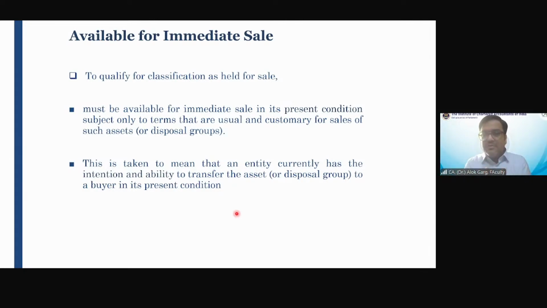It means that the parties have an intention and ability, not or ability, intention and ability both to sell the asset immediately. Great.